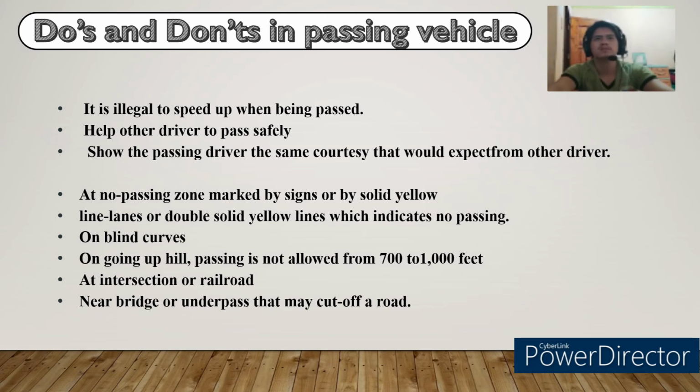Now the don'ts when passing. Do not pass in a no passing zone marked by signs or by solid yellow lines or double solid yellow lines, which indicate no passing.